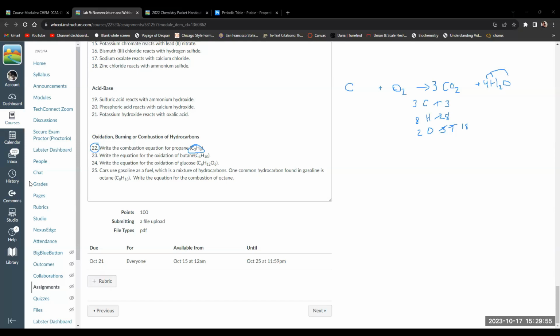Oh, let's retry this. So we know we have 6 here because of that 3. And the 4 from the water is giving us 4 here. So in reality, we actually have 10.